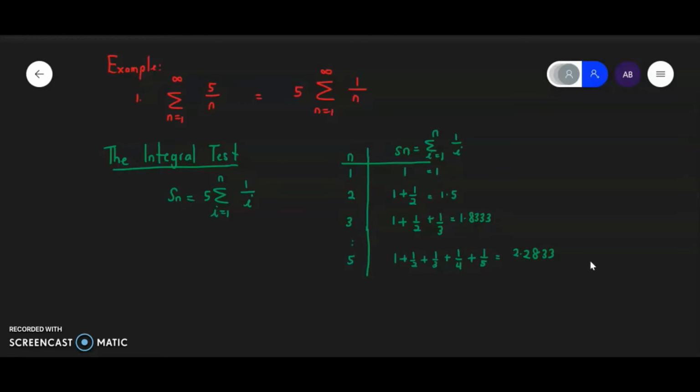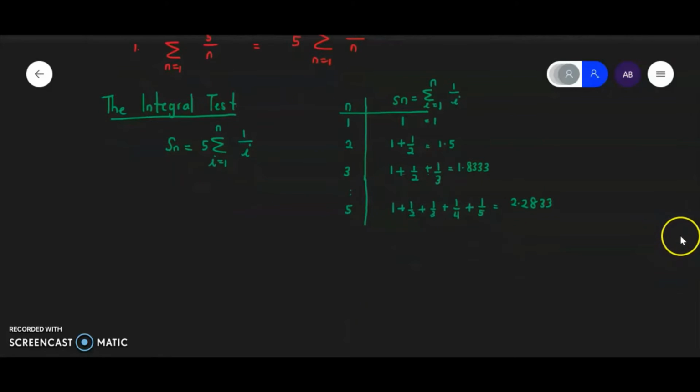Okay, so to do the integral test, what is the integral test? Let me just write down the definition of the integral test. So suppose f is a continuous, positive, decreasing function on the interval 1 to infinity, and let an be f of n.